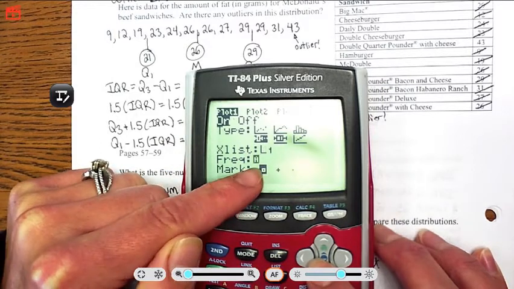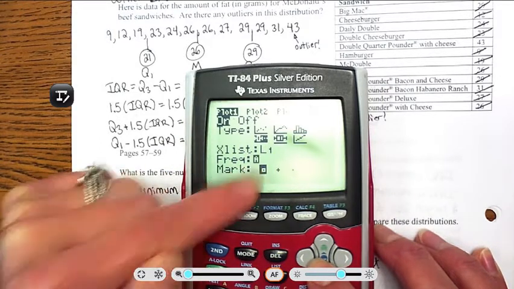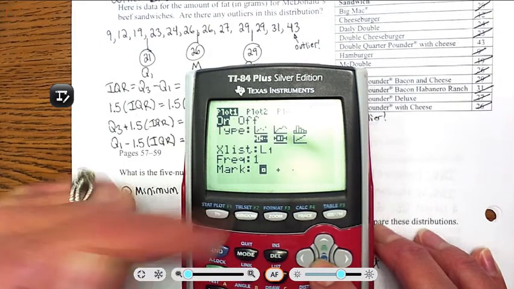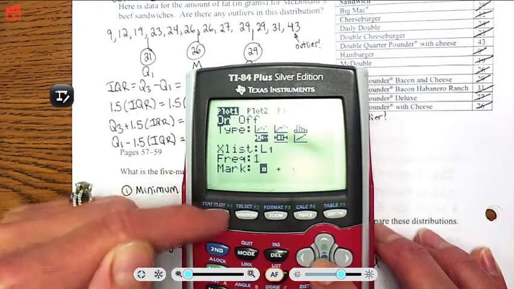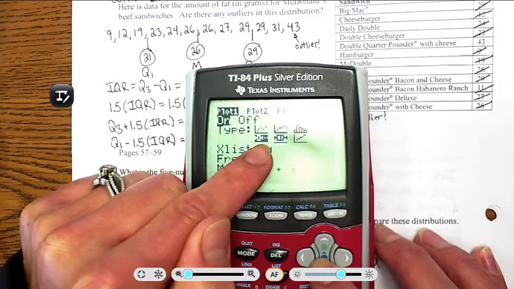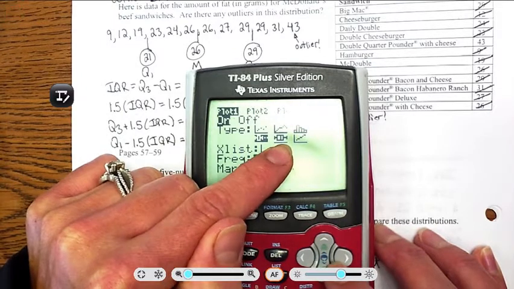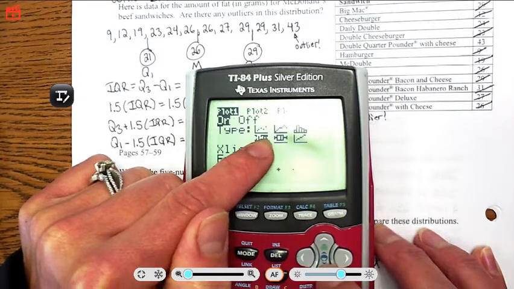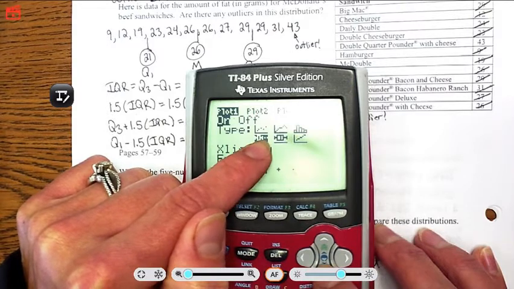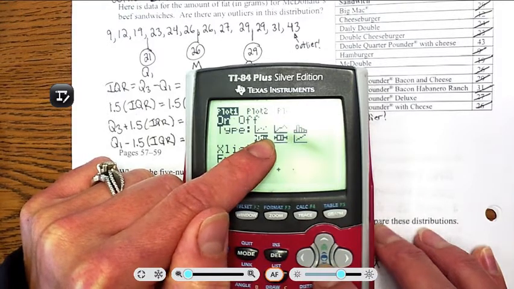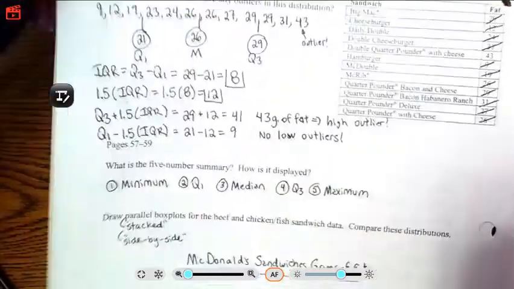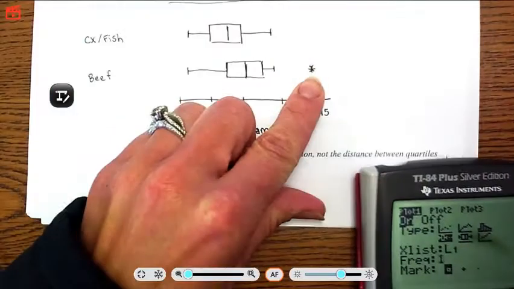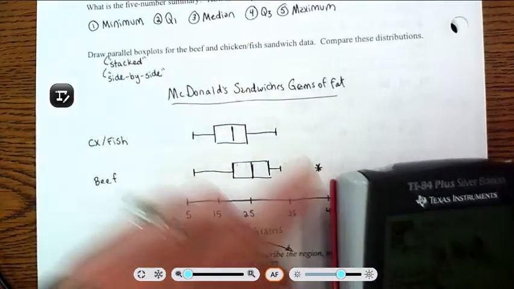Make sure your frequency is just the value 1, so that there's 1 of each of these data values. Okay, after that, oh sorry, you also want this box whisker plot, not the next one. You want this one because it has those distinct dots that are separate that mean that you're going to graph outliers as distinct dots, just like we wish to plot them as separate and distinct.